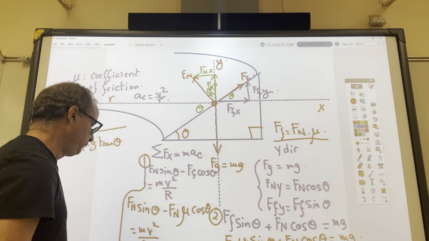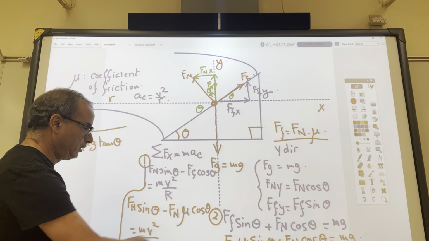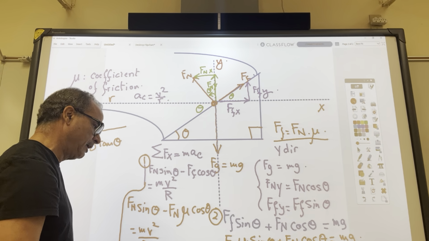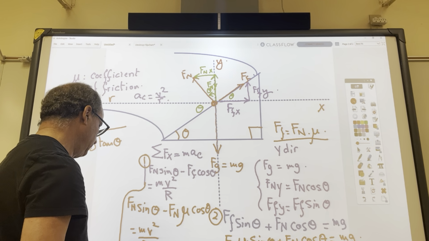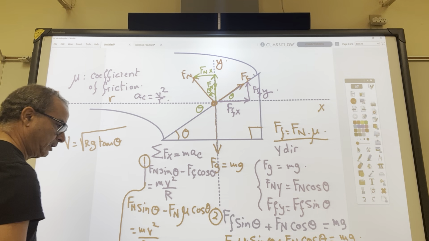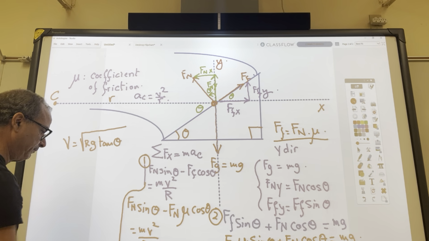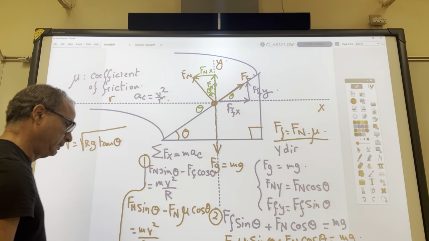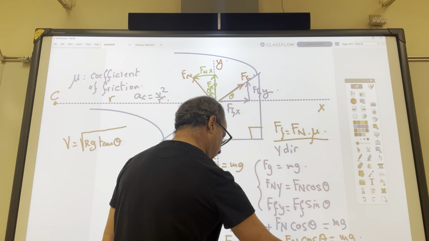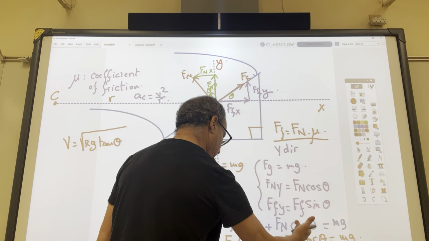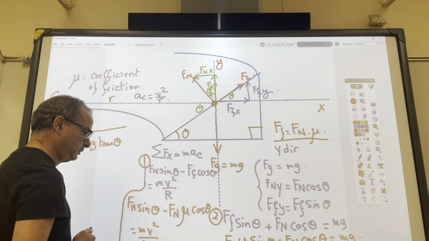So now, in equation 1 and equation 2, I don't have the Ff anymore. I have everything in terms of Fn. I'm going to factor out the Fn from here. This is where I have my velocity, so I have to factor out the Fn and then replace the Fn in this equation.